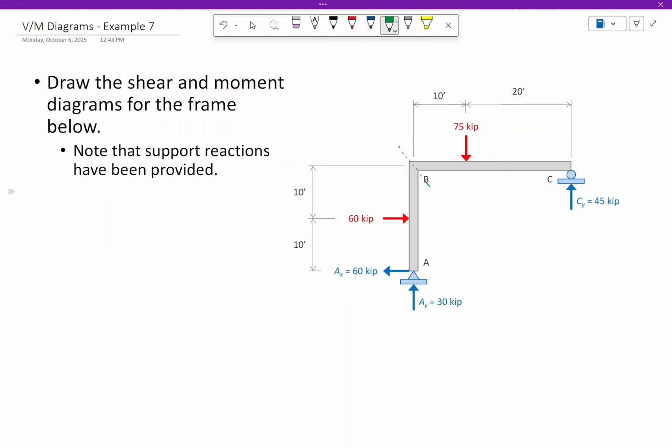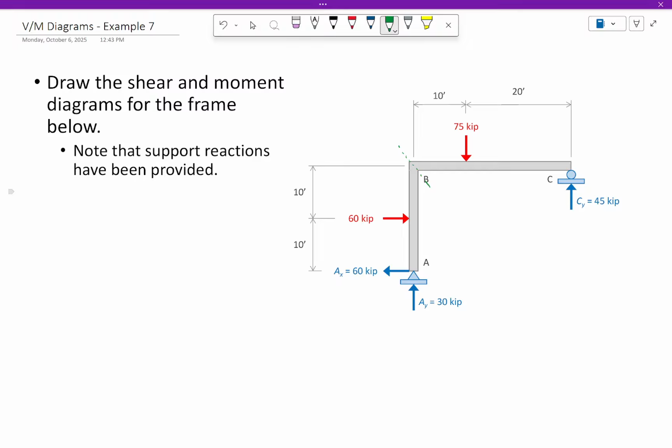Keep in mind, I draw the structure with this blocky depth, like it's got a little bit of depth here and a little bit of depth here, but analytically we're just treating this as a line. So really all this is a line, a load, and a roller, and I'm just cutting the line right here.